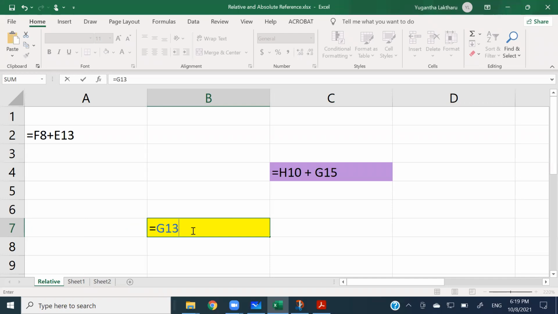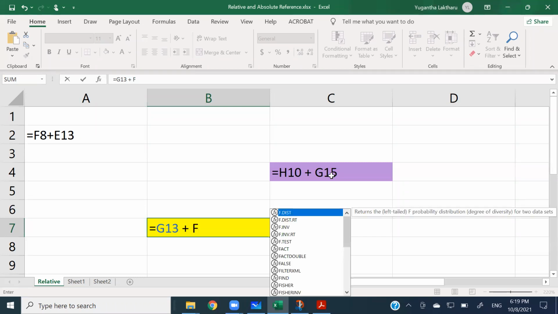So it is 13. Right? Yes, Binadi. That's the one. So then plus, what is going to happen to the G in the purple color? Again, it is going to reduce because we are copying it to the left. So G is going to become F.